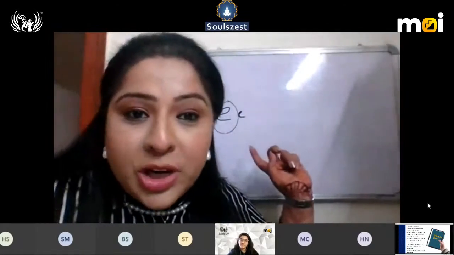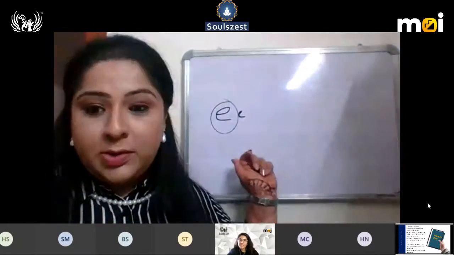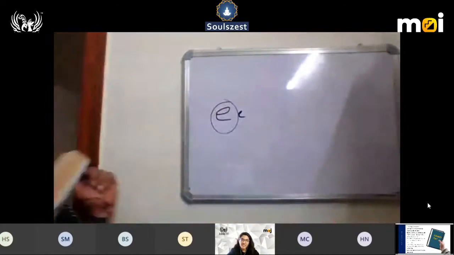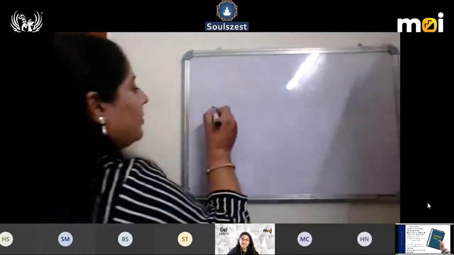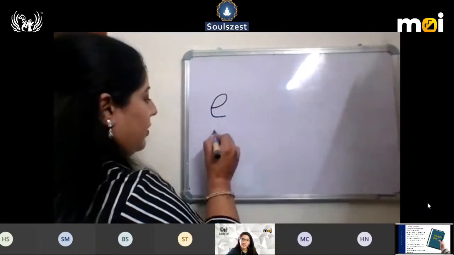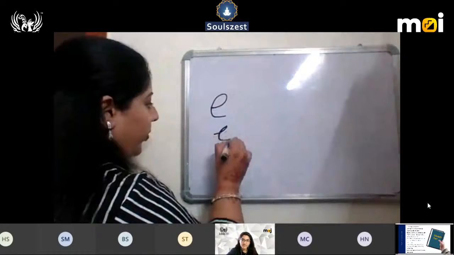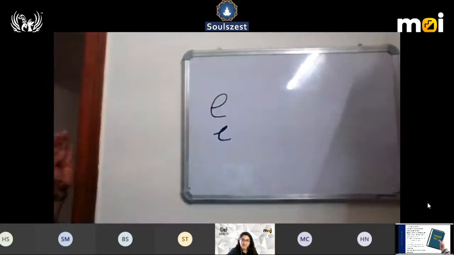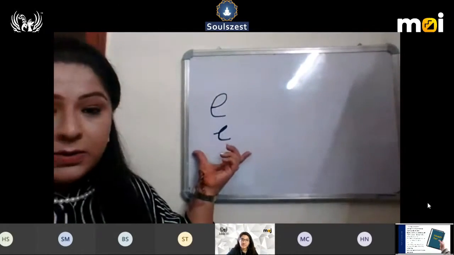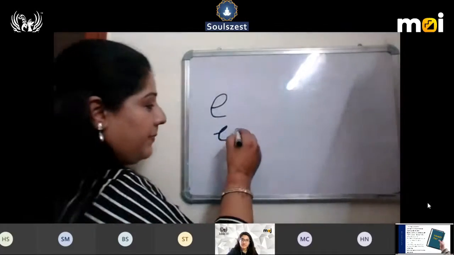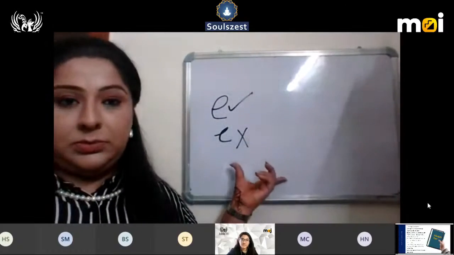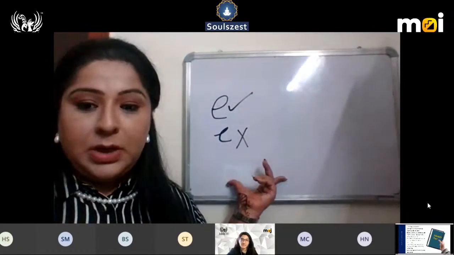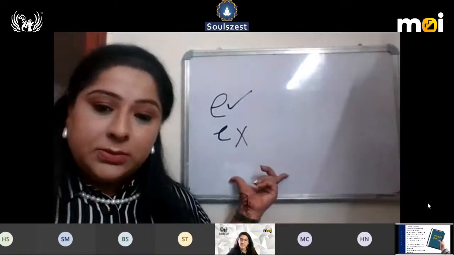I think there's some Pooja Shirali who has raised her hand. Yeah, I think she has a question, Pooja. Okay. Can you see E like this? So this is a closed E and this is an open E. Can you see now?